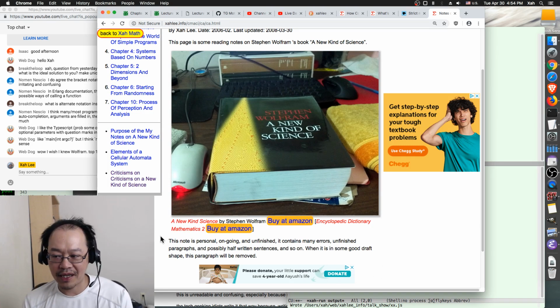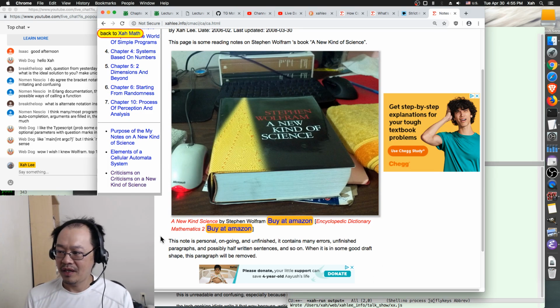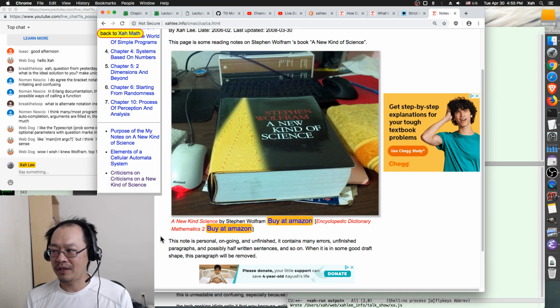I was saying the reason Mathematica is one of the most coherent and elegant languages is that when you think about things, you want to think like a mathematician.